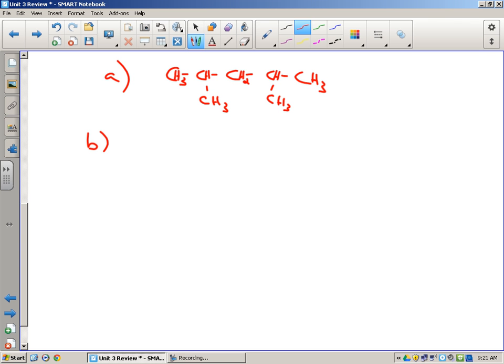B. Methylbut-1-yne. But-1-yne, that's a triple bond, yne, and methyl. And they don't tell you anything about where the methyl is, so that right away tells me that there's probably only a few spots we can put it. We can't put it on the first one, because if we did, then we don't have a 4-carbon chain. I can't put it there because then, of course, I'd have a 5-carbon chain.